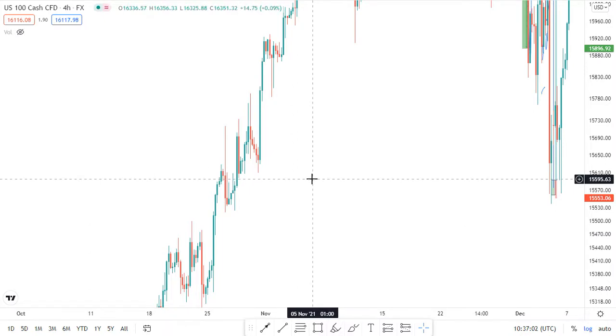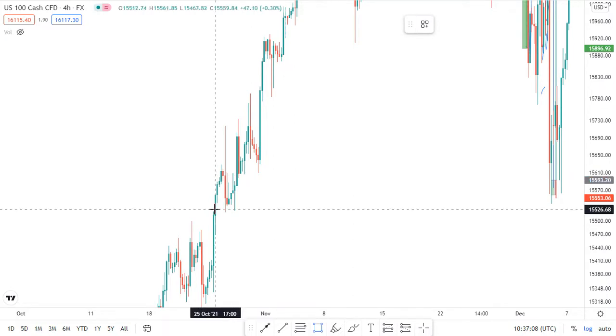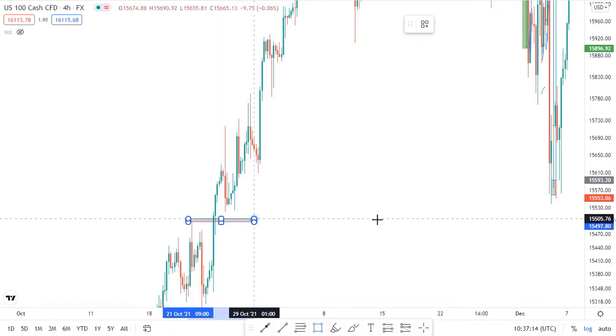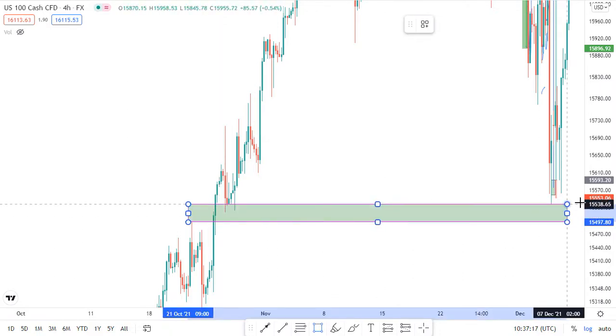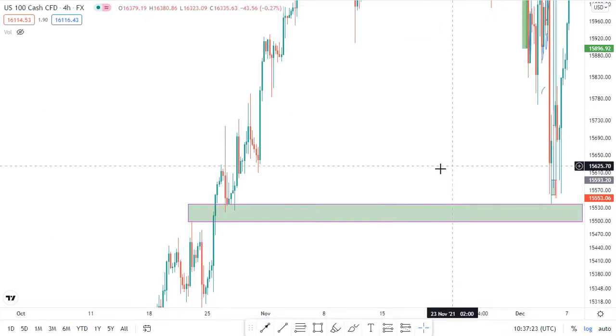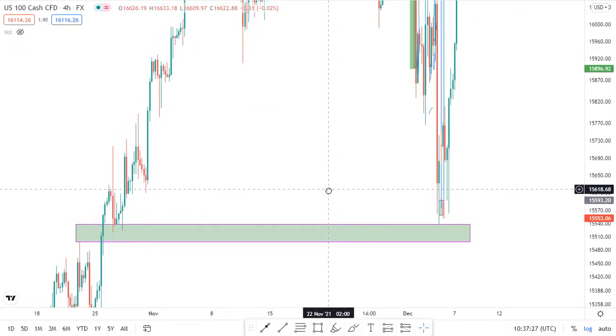If you can check here, I came to this area and checked something. If you can see this area, it was a very critical area.